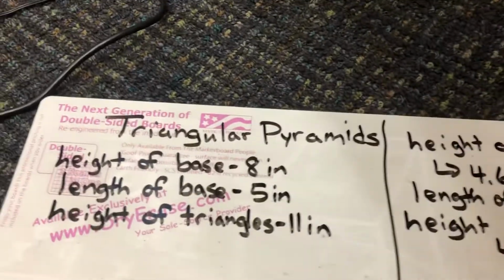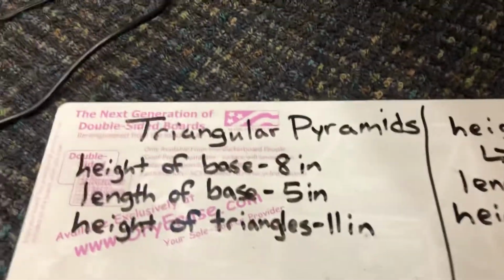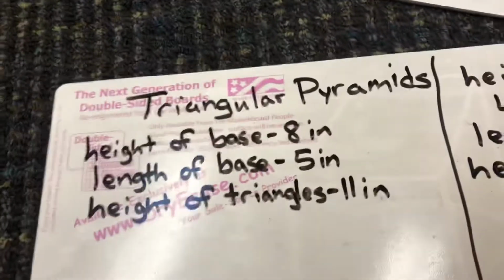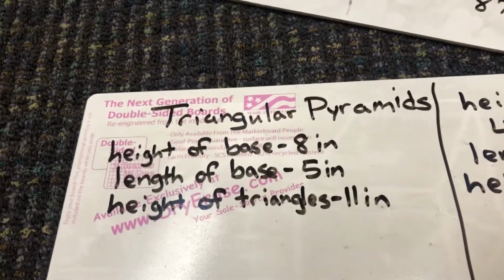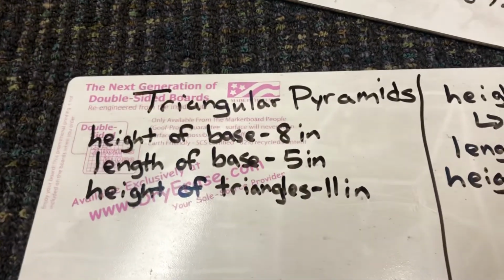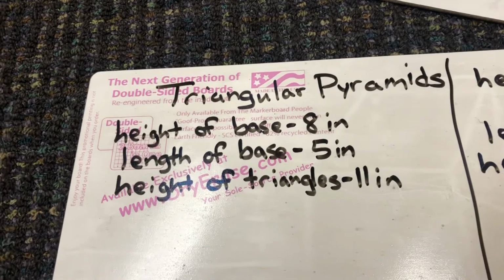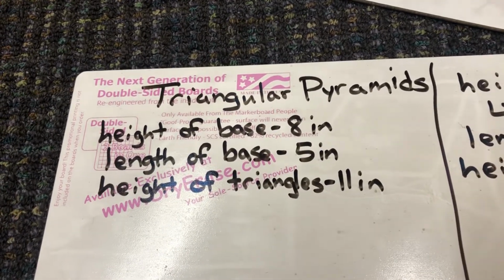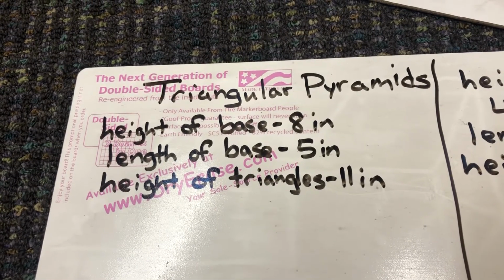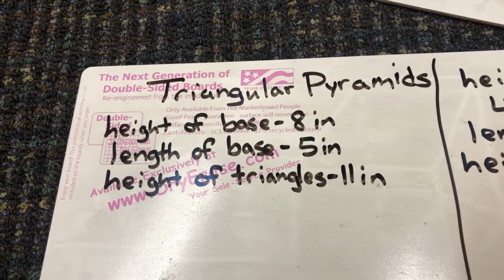Let's talk about triangular pyramids. Now, I want to make something very clear when we talk about these triangular pyramids. We are going to be assuming here in this lesson today and on this video that these triangles are equilateral triangles. If you're not sure what equilateral triangles are, they're triangles that all 3 sides are the same length.